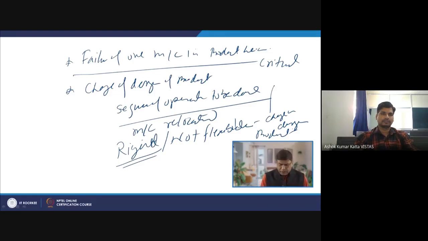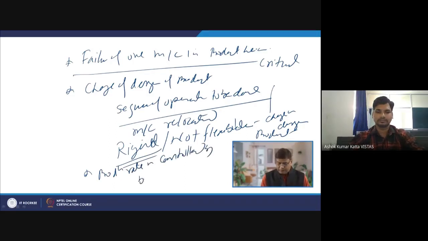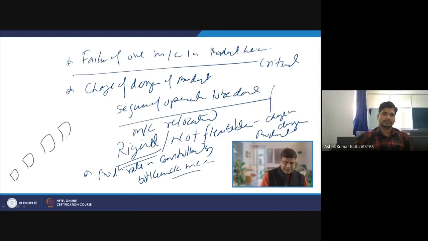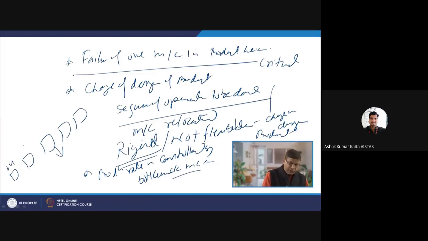Although here the production rate is controlled by the bottleneck machine: out of all those stations, the station having the minimum capacity will be dictating the production rate. Say one can produce 24 units, another 30 units, this one just 20 units, here 25 units, here 30 units.